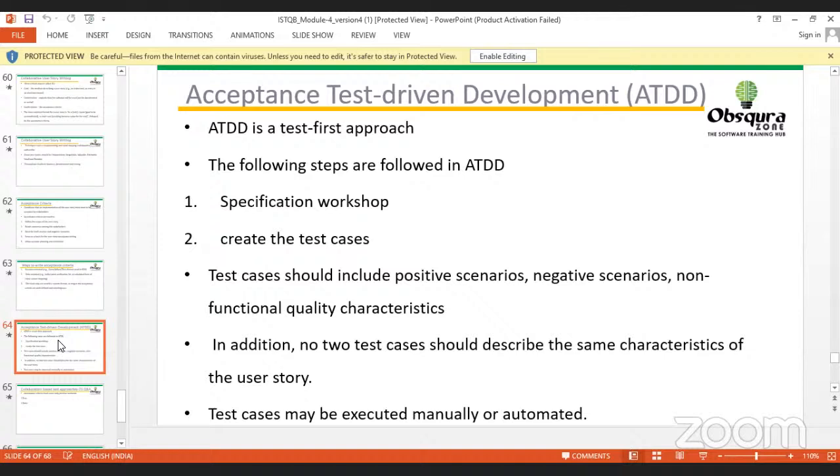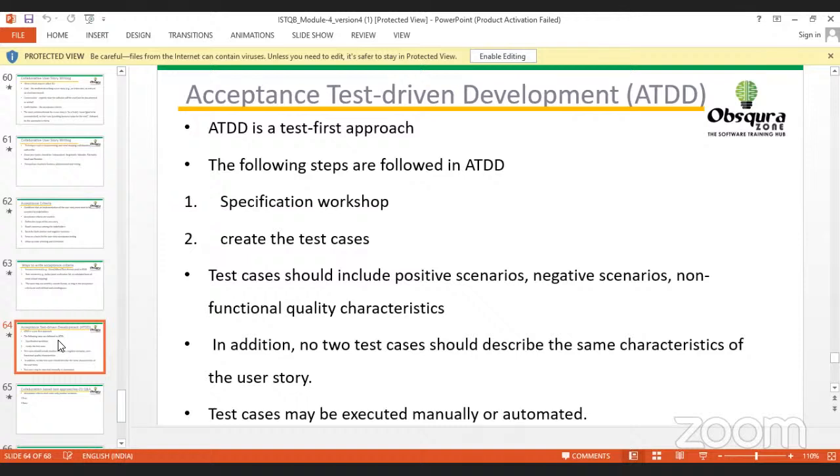In the specification workshop, at the start of each iteration, which is actually a term in agile methodology, you can say the start of a feature development or a module development, there may be different user stories for a module.